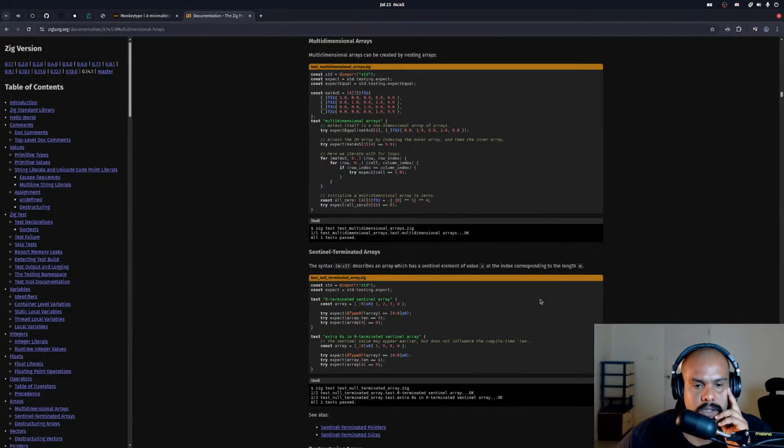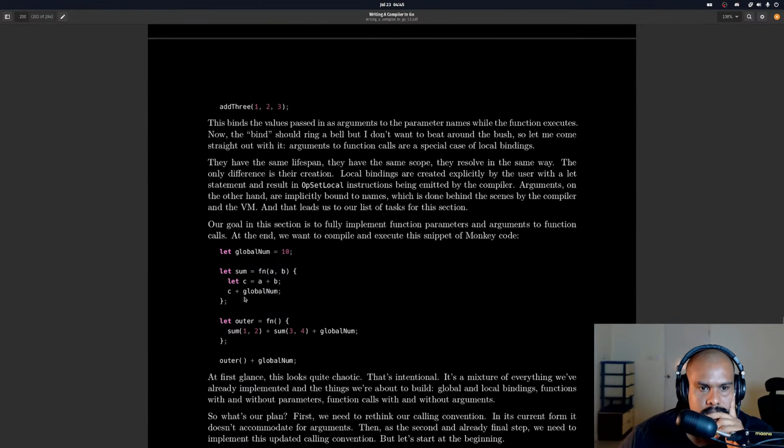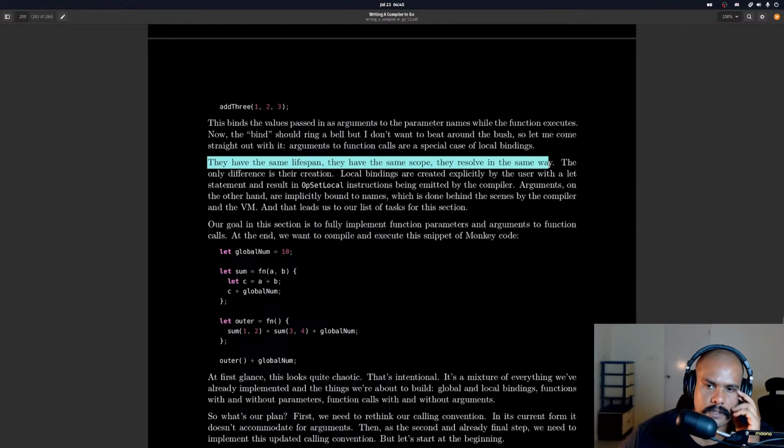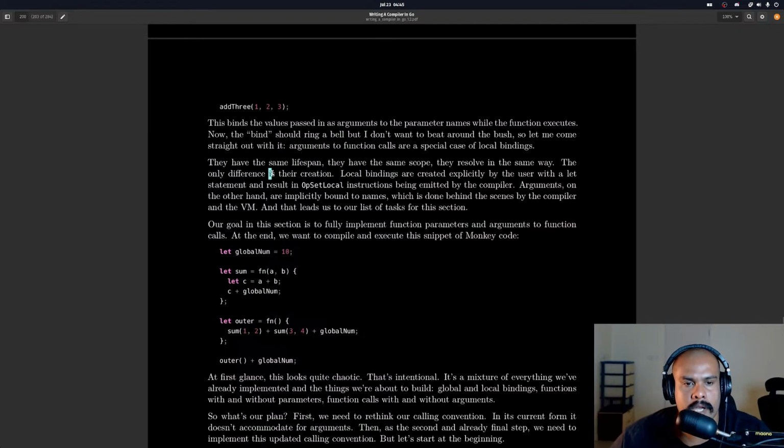Yeah, that could work. They have the same lifespan, the same scope, they resolve in the same way. Okay, yeah, they make total sense. The only difference is their creation.